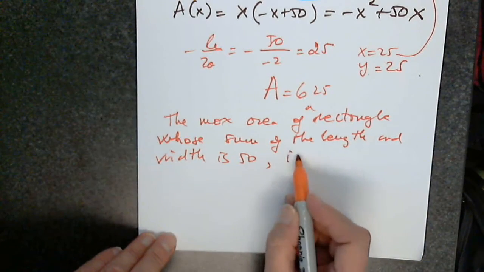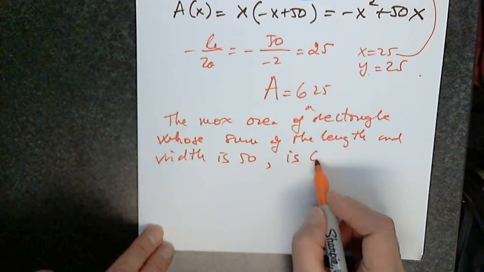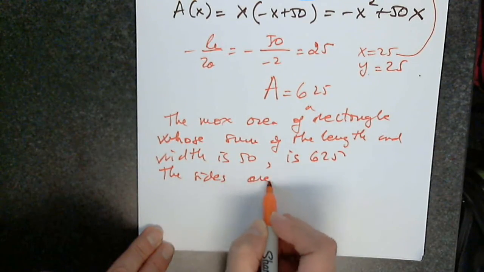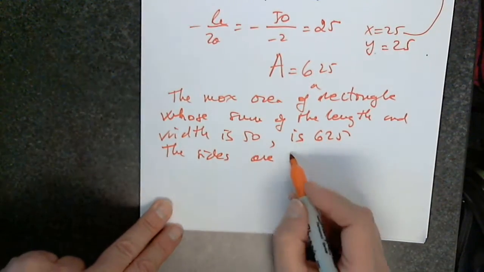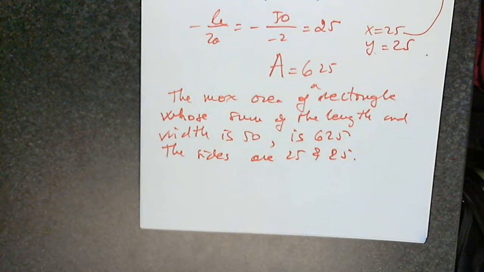The maximum area is 625. The sides are 25 and 25. And that is true. The rectangle with the maximum area is a square. Good. Okay, let's see what else.